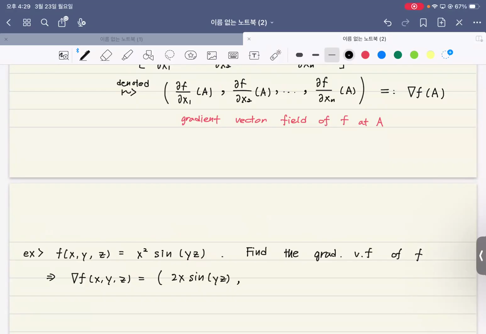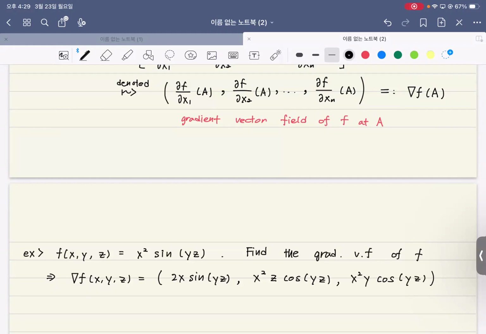And the second component is given by taking the partial derivative with respect to the second variable, which is y. So x squared just carries over, but z and cosine yz. And for the last component, x squared times y times cosine yz.